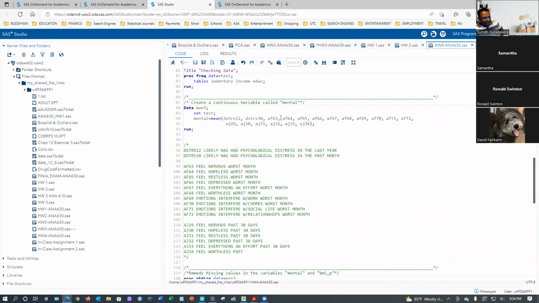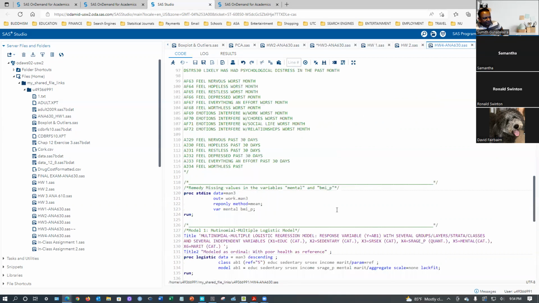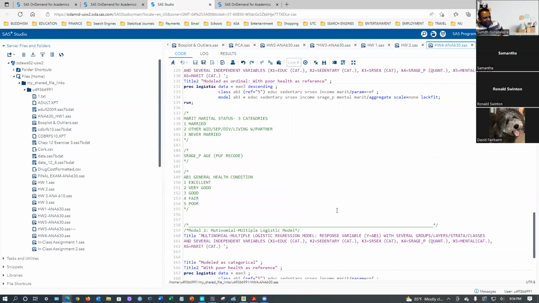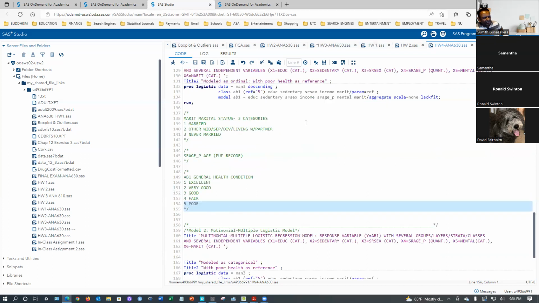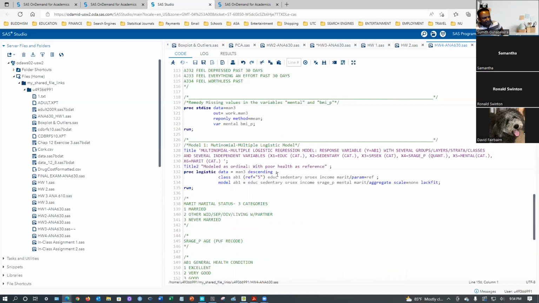And I put the mental health we had earlier. And AB1 is the health condition: excellent, very good, good, fair, poor, 5 options. That means this is nothing but multinomial. This is a multinomial multiple. Multinomial means 5 options. Multiple means several x variables.